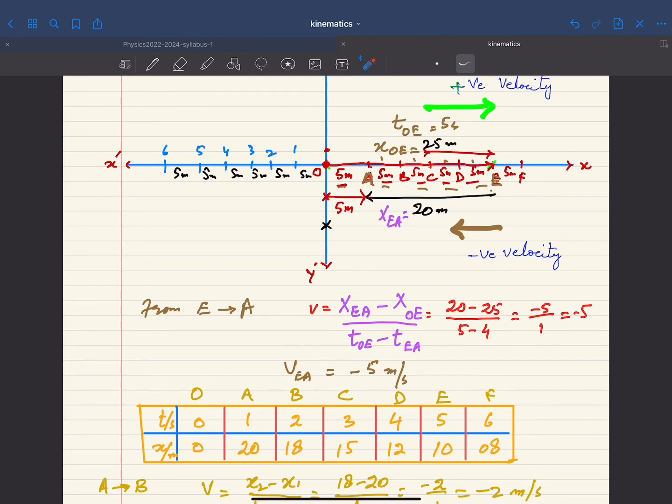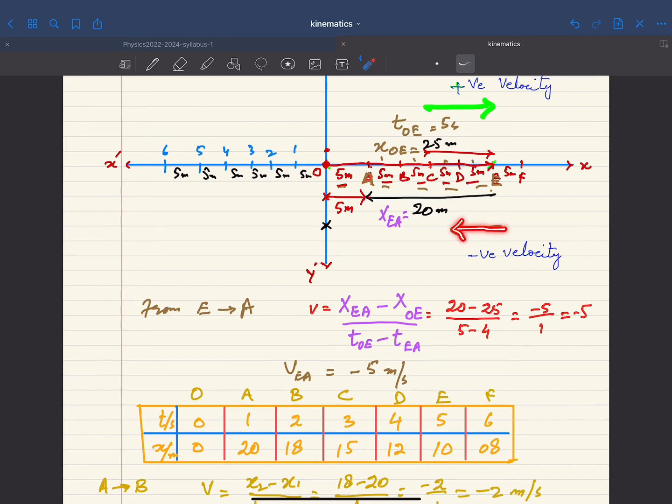When you are going towards positive, or the change is towards positive, the velocity will be positive. But if the change is in negative, then of course your face, you can say, is towards the negative region, as you can see here.